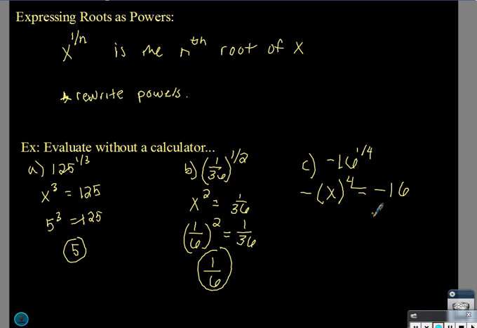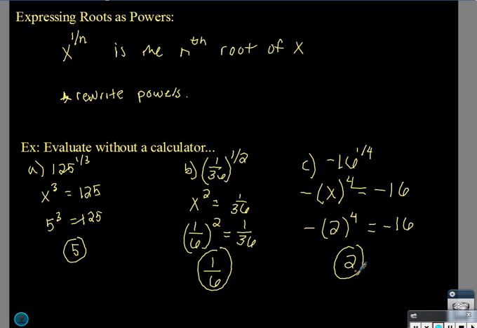I need a number that multiplies by itself 4 times to equal 16. Well, that number is just going to be 2. So filling in my x with a 2, I see that 2 to the 4th power is 16, with the negative not being applied, so I get back my -16. So my answer here is -2.